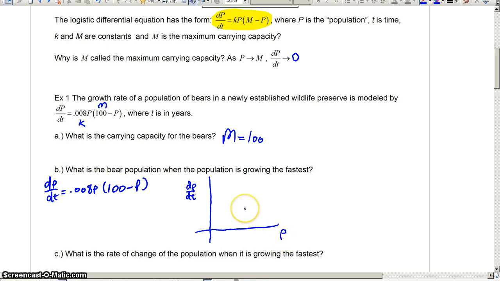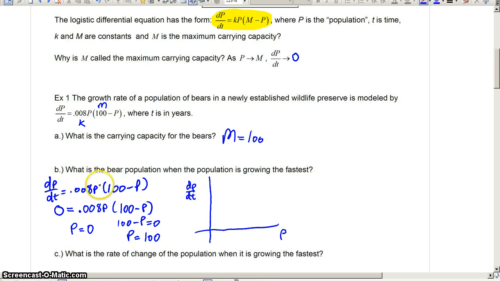A lot of times when we look at parabolas in the past, even in Algebra 2, we'd be interested in finding the x-intercepts. We'd let y equal 0. And very quickly, I hope you can see we could use the zero product property. We could see that P could equal 0, and 100 minus P could equal 0, meaning that P could equal 100.